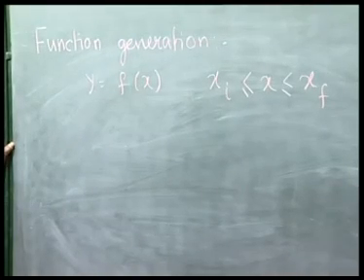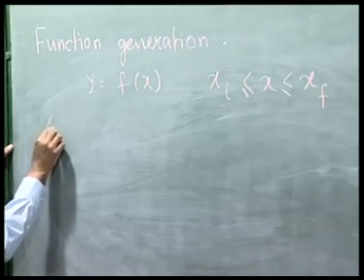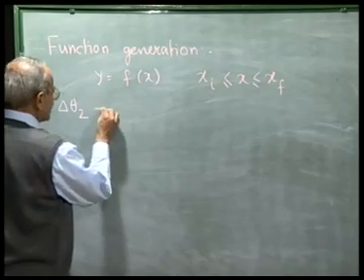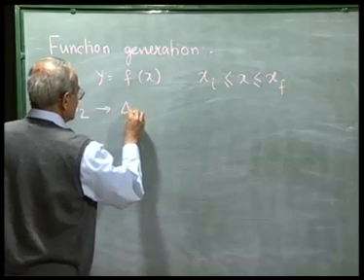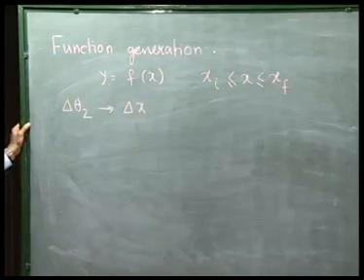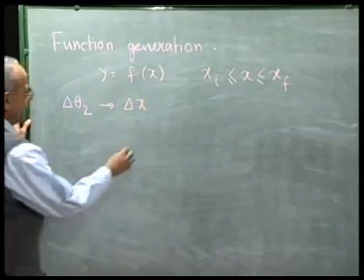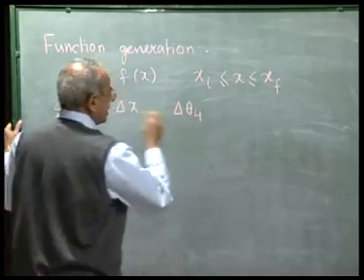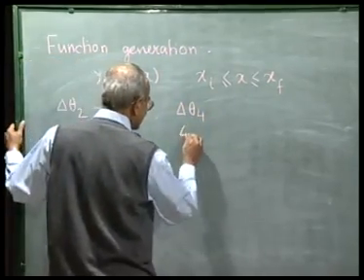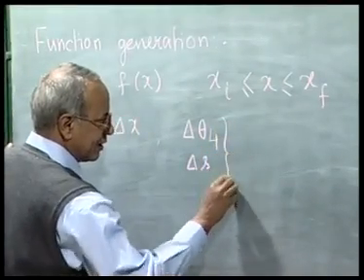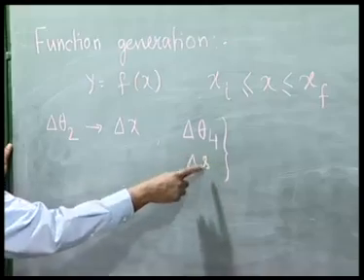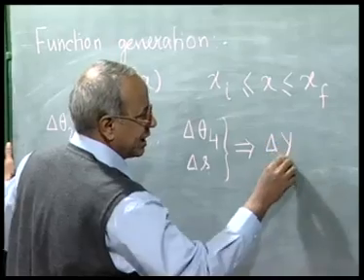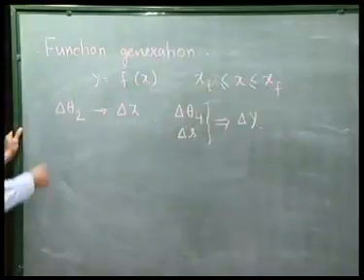What it basically means is that the input movement, for example, the movement of the crank delta theta 2, represents the change in the independent variable x, that is delta x. Similarly, the change in the output variable, for example, delta theta 4 in case of a 4R link or delta s in case of a slider crank, represents the change in the dependent variable y, that is delta y.